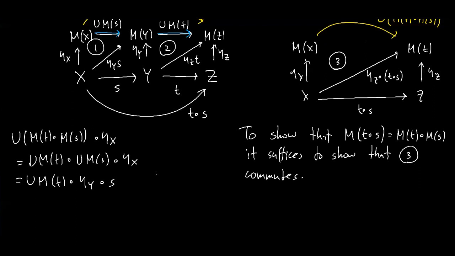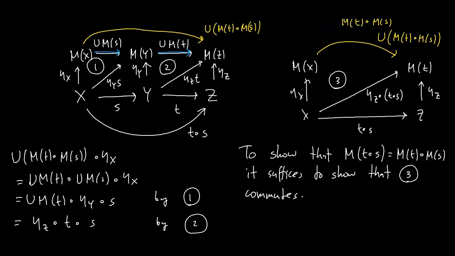So the first one is by triangle number 1. This equals that by commutativity of this triangle. But now I can evaluate that by commutativity of triangle 2 to get eta z composed with T and composed with S. And that's exactly what we wanted, right?